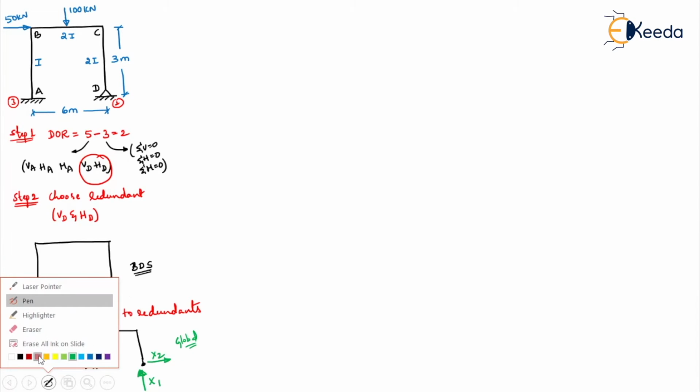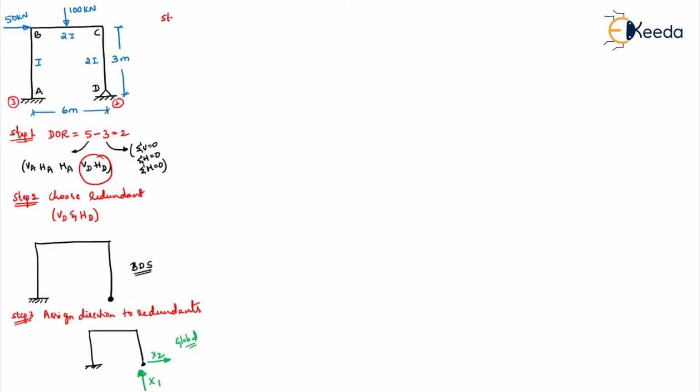Right, once global coordinates are assigned, what is the next step you'll do? You'll assign directions to your local coordinates. How will your local coordinates be? Every member will have two local coordinates. So there are totally how many members here?